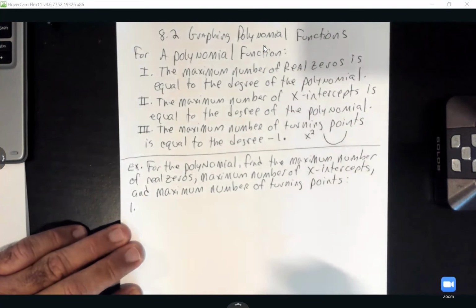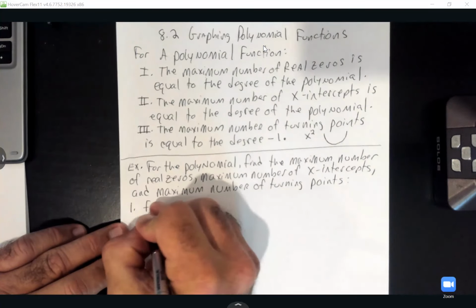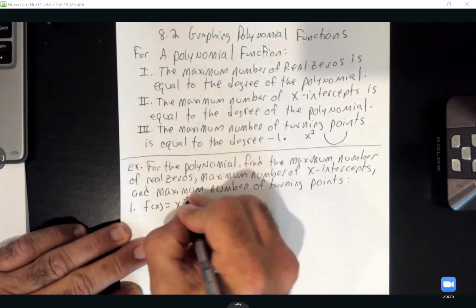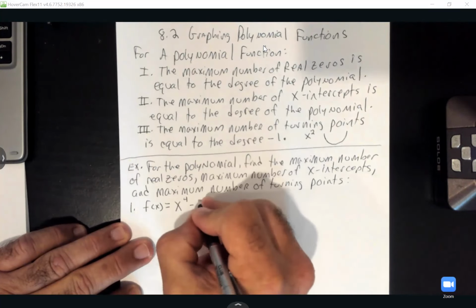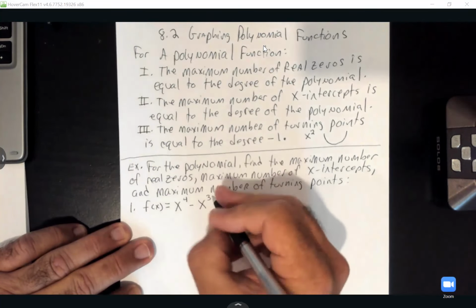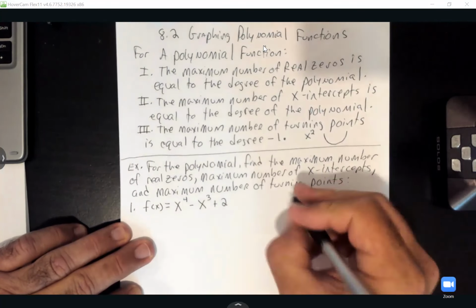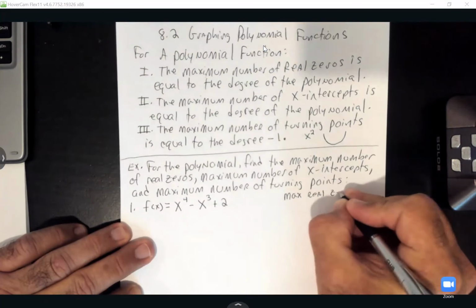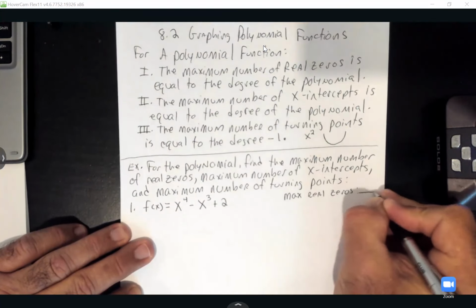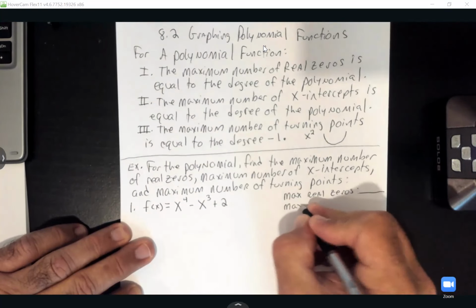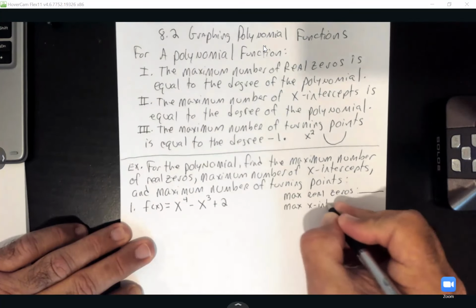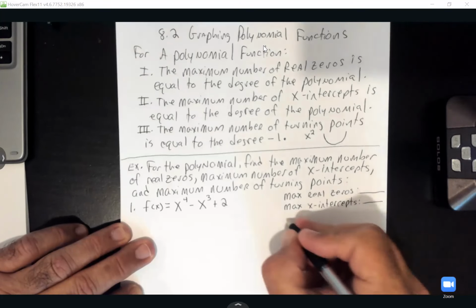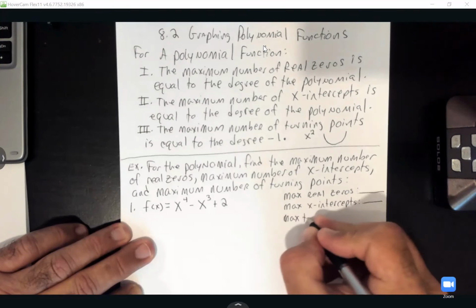Okay, so we'll look at 3 of these. My first one is f of x equals x to the 4th minus x to the 3rd plus 2. We're going to find the maximum real zeros, the maximum x-intercepts, and then the max turning points.